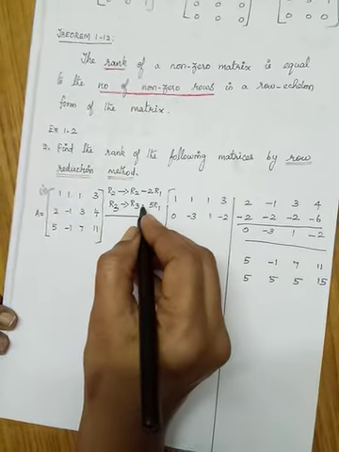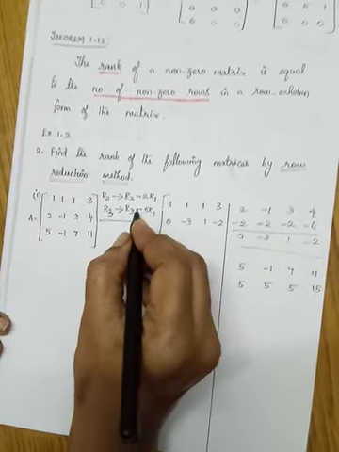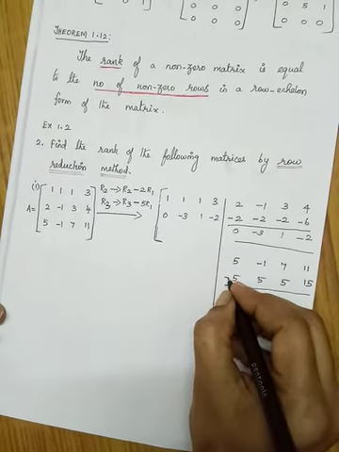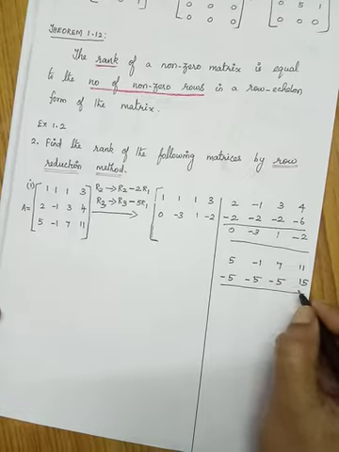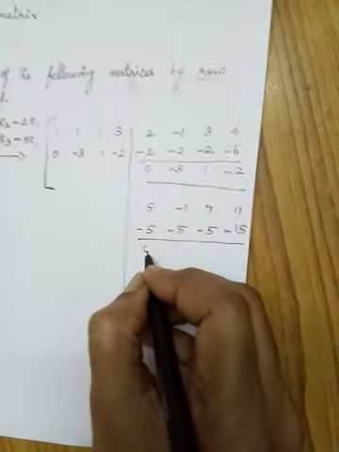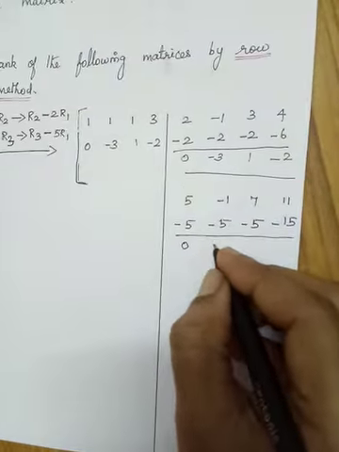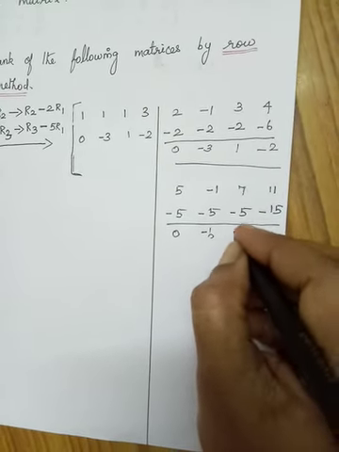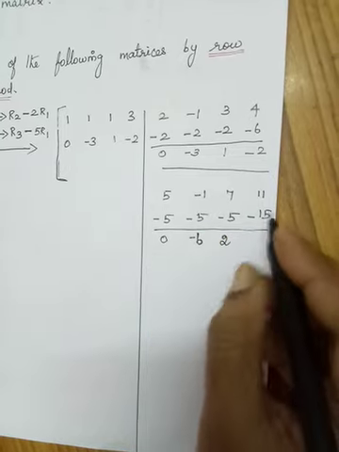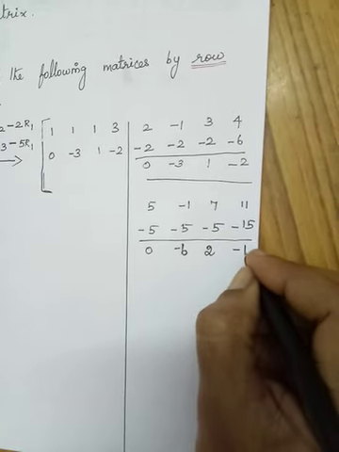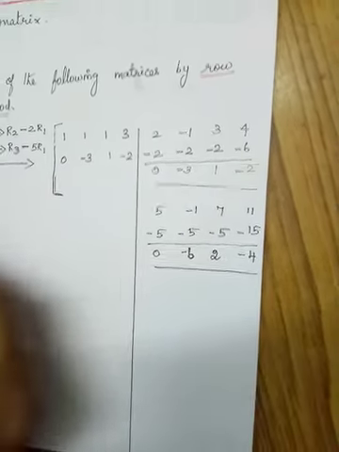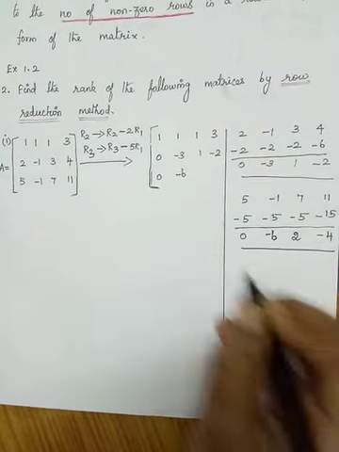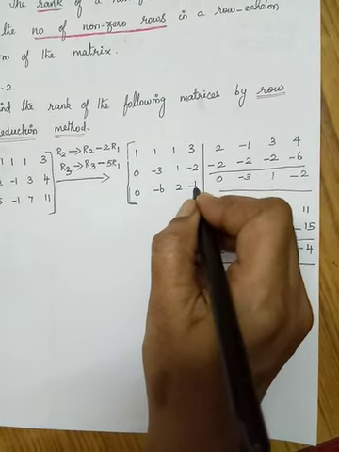When you subtract, only then will it become 0. So in between I have written the minus, because of the subtraction you have to change the sign of R1. When you do the simplification it is 0; minus 1 minus 5 is minus 6; 7 minus 5 is 2; 11 minus 15 is minus 4. So you just write here 0, minus 6, 2 and minus 4.